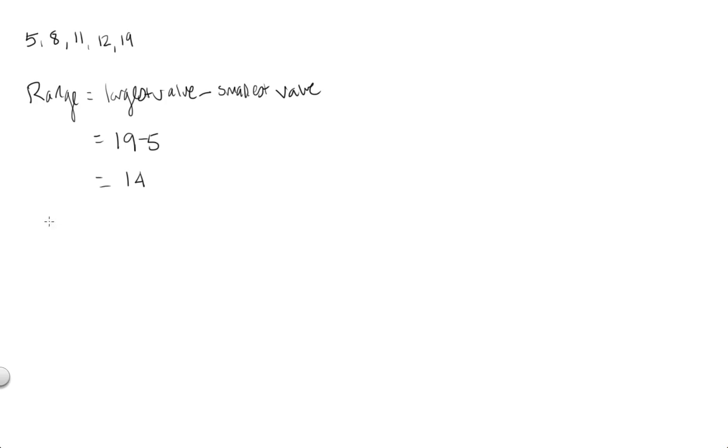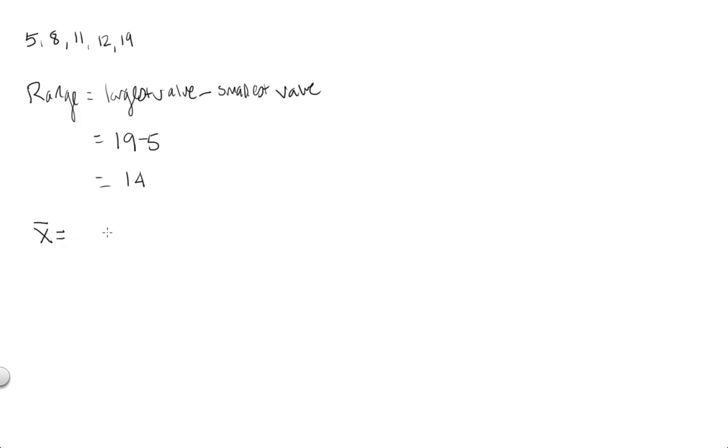Now, to find the standard deviation, we first have to find the mean, because really the standard deviation is a way of describing what is the average amount an observation deviates or differs from the mean. So we need the mean to find the standard deviation. And we know that we're calling it x bar.